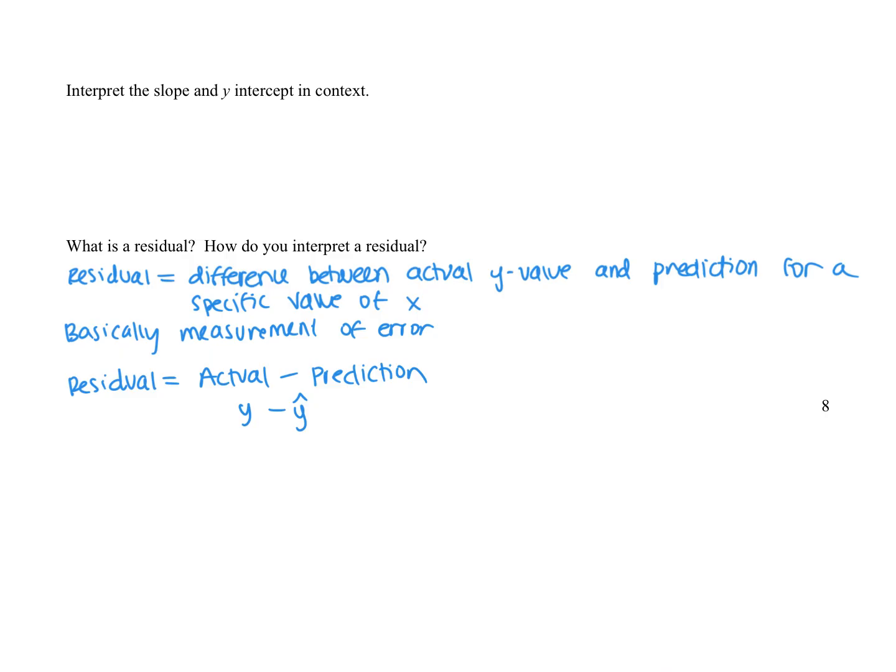The first way is you can just remember AP, right? AP stats, actual minus predicted. Also, this should look very similar to the formula for a z-score. A z-score takes the specific value and then subtracts the mean. The mean is just the prediction. So residual should look very similar.